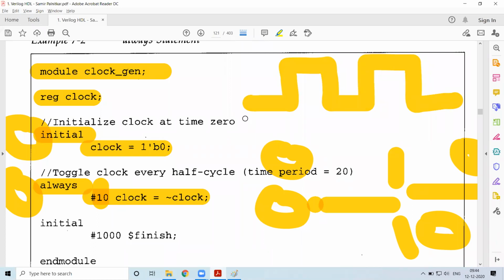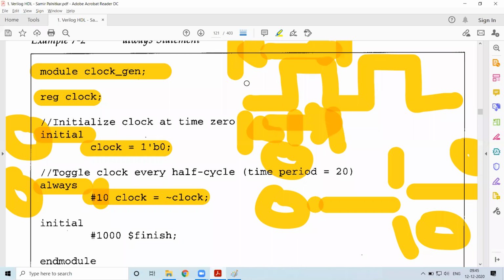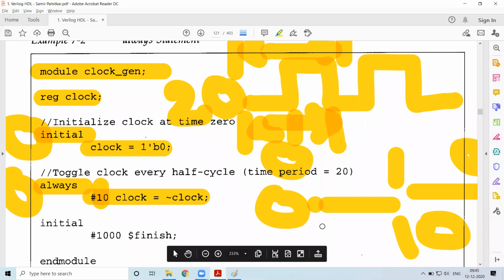If you observe, this is 10 time units, from here to here. In total, the time period from this point to this point, in our case, is equal to 20 time units.